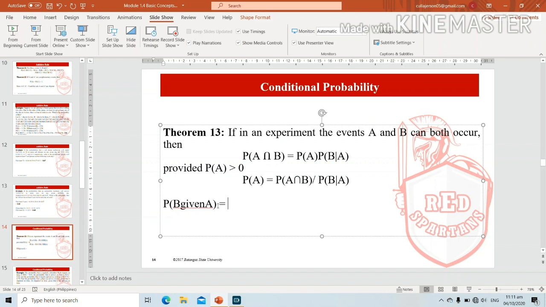Then, ang denominator nyo ay probability ng yung given, kung ano yung nasa right side. Halimbawa, B given A, so ang ating denominator ay A. Kapag naman A given B, ang denominator naman natin ay B, or probability ng B.